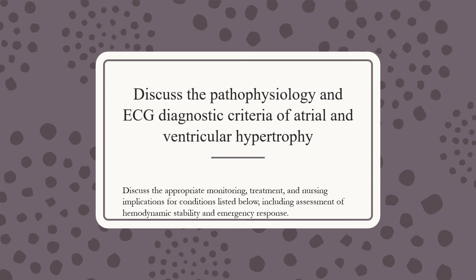Now let's review just quickly. What are the three leads you're going to look at for bundle branch block? You're looking at V1, V6, and 1. And what are the two leads you start with when looking for axis deviation?